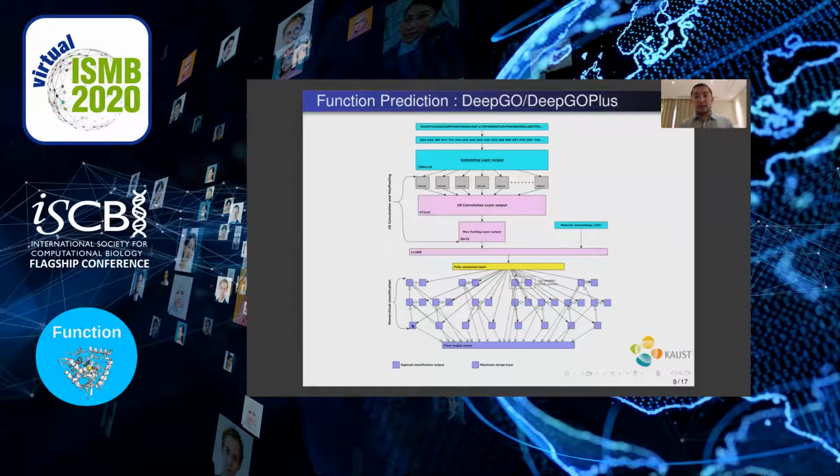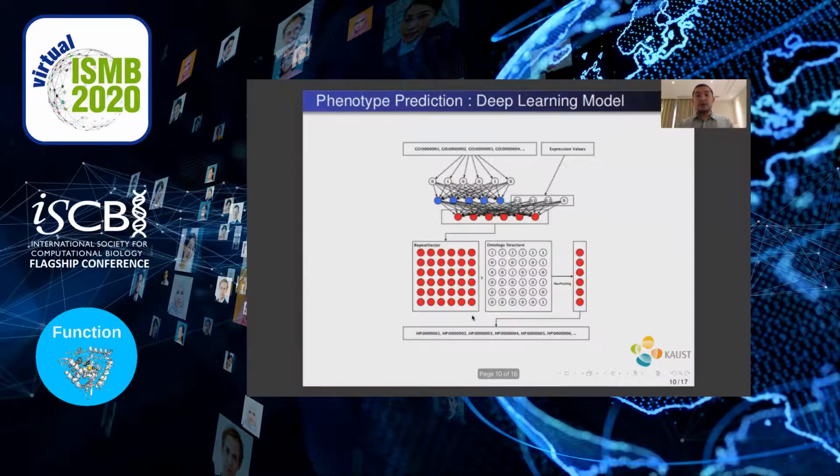But the difference is, instead of having fully connected layers structured as an ontology, we use one big binary matrix of ontology structure, which encodes subclass relations, and we use a max pooling layer to ensure hierarchical consistency with the layers.